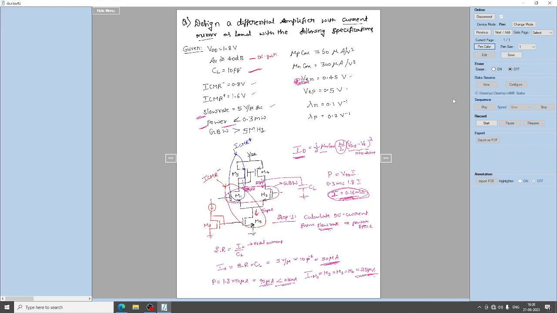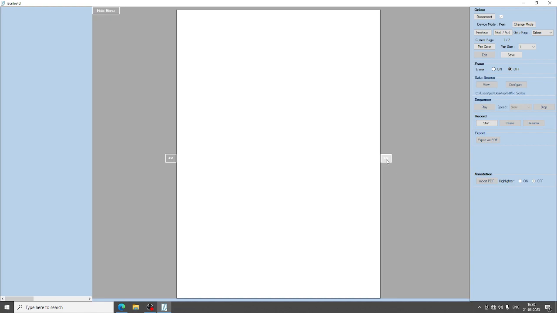The next thing we have to find is the overdrive voltage. Now all the device currents are known.